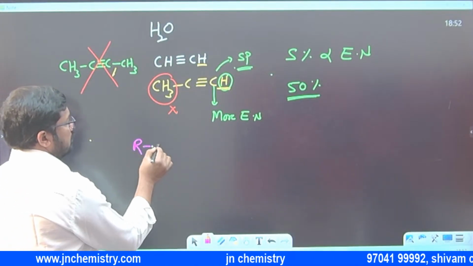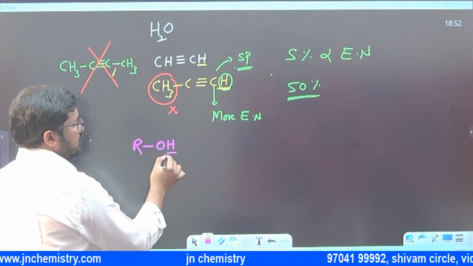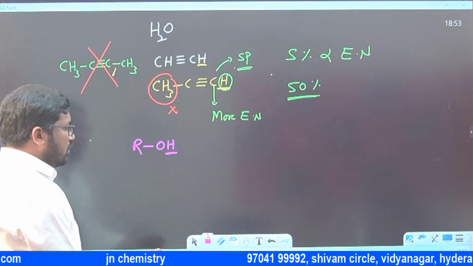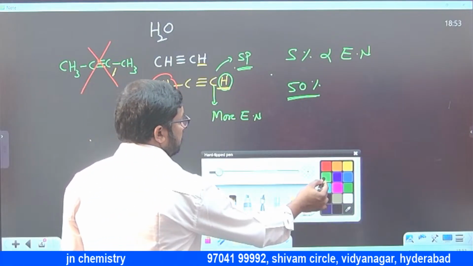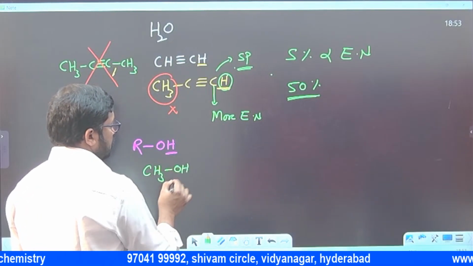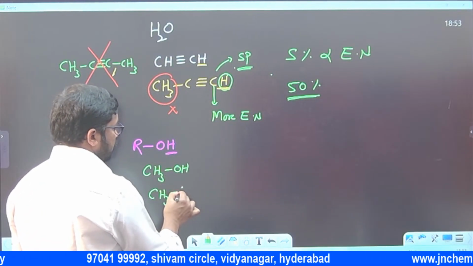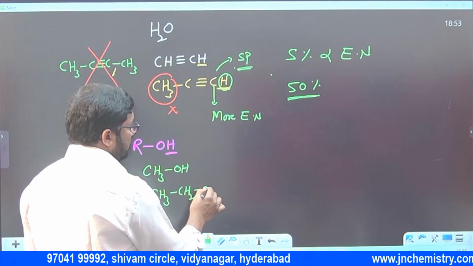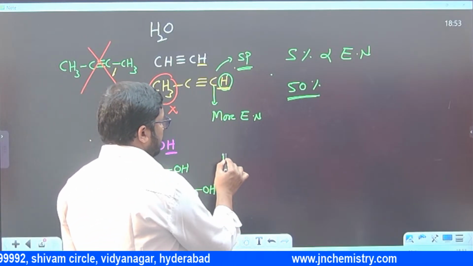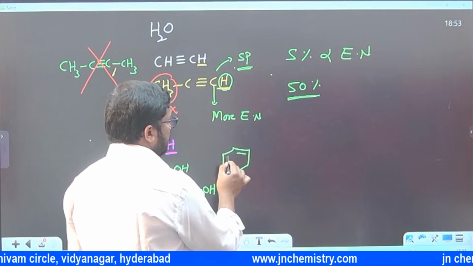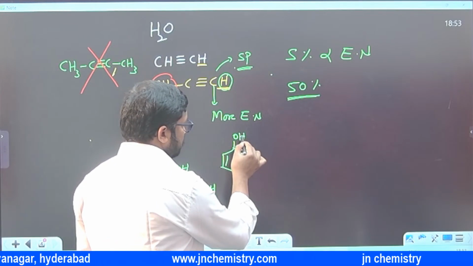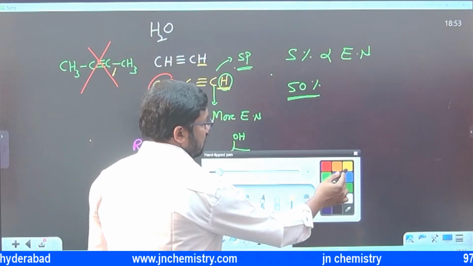Alcohols. Either methanol, ethanol, any alcohol will have the H, for example, CH3OH, methanol, ethanol, propanol, whatever it may be, even including phenol. Phenol is also a proton donor.